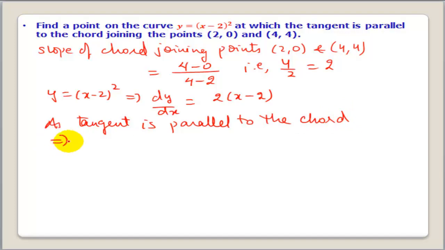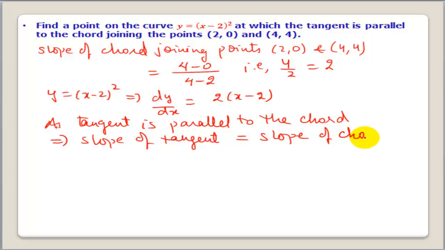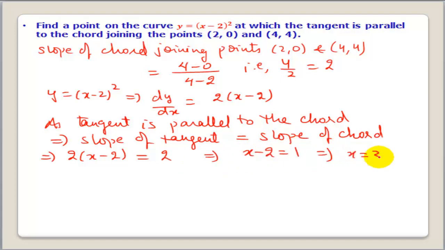This means the slope of the tangent should be equal to the slope of the chord. So equate these two and find the required point or points. The slope of the tangent is twice of x minus 2 and the slope of the chord is 2. That on simplification gives us x minus 2 is equal to 1, or you can say x is equal to 3.